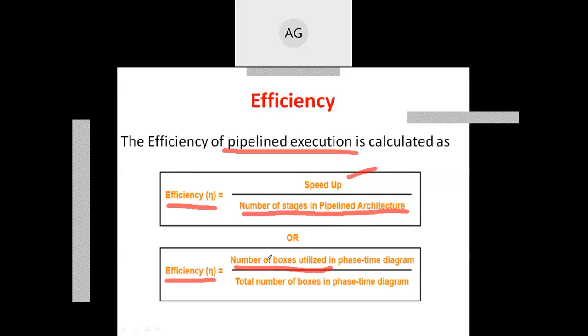So efficiency can be calculated as the number of boxes utilized in the phase-time diagram divided by the total number of boxes, whether empty or filled. By using this formula, we can easily calculate the efficiency. Just remember these formulas. For efficiency, we have two formulas.